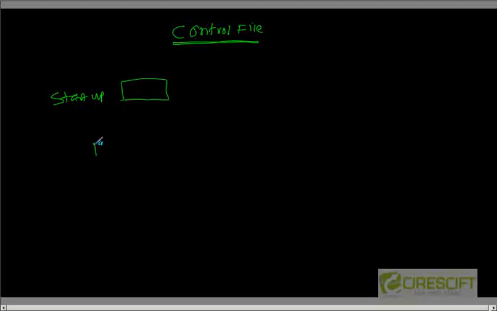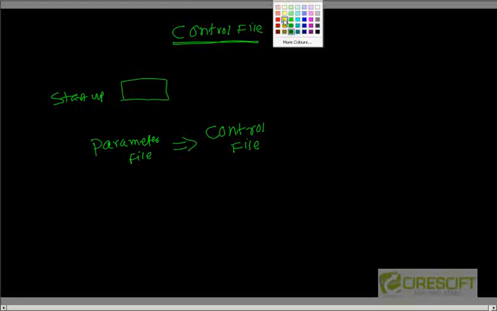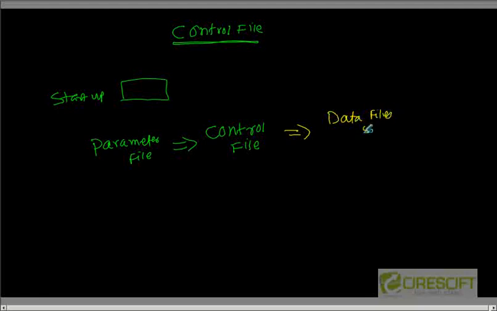So basically the parameter file tells where your control file is, and then this control file is going to tell where your data files and redo log files are.